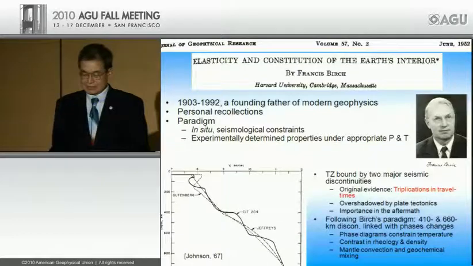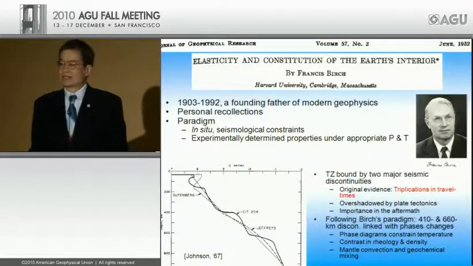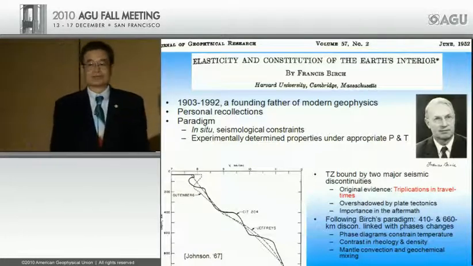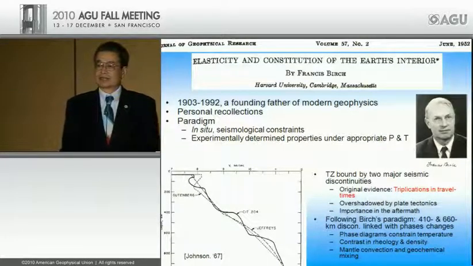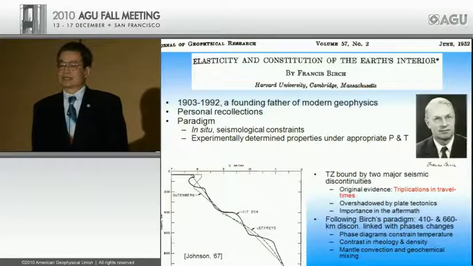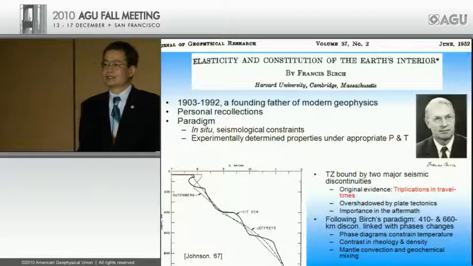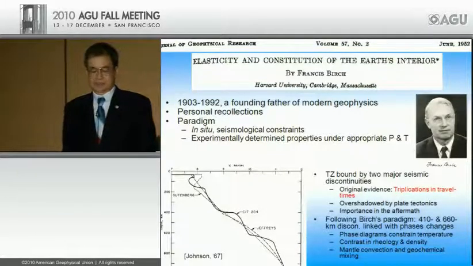Anyway, one point did stick with me, that it is the paradigm that Birch put forth in this paper, namely that in order to do a good job in understanding the interior of the Earth and other planets, we need to have a synergy between seismology and rock physics.